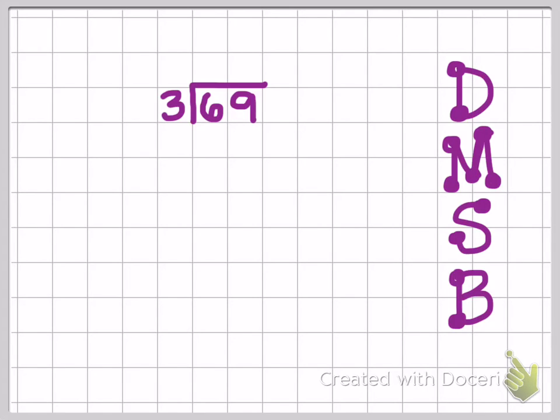Remember, we start at the first digit, so we're going to be looking at the 6 to start with right here. Our first step is to divide. 6 divided by 3. 6 divided by 3 is 2. The answer goes on top. Make sure it's over your 6.